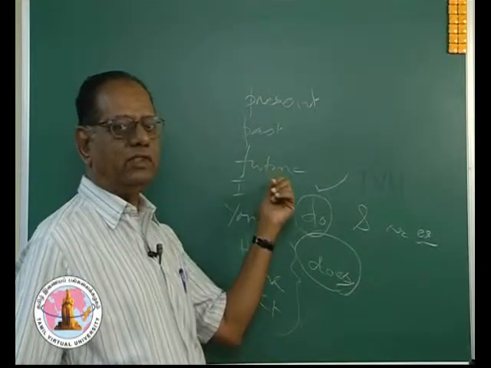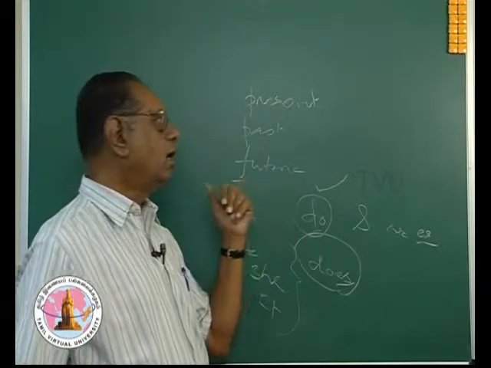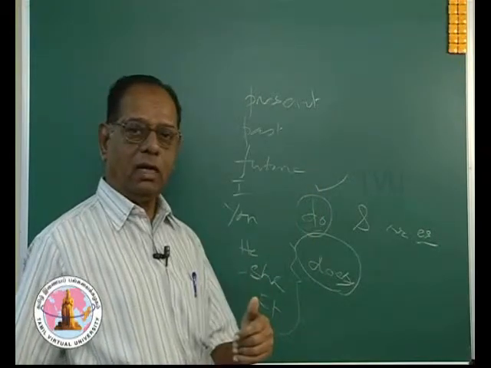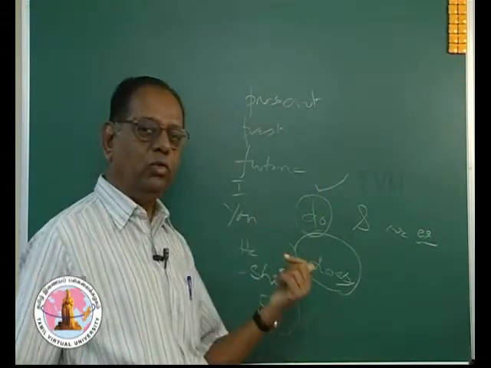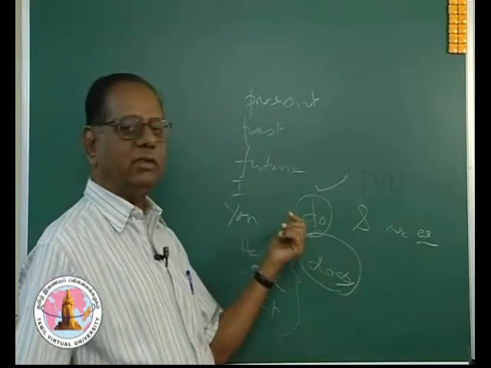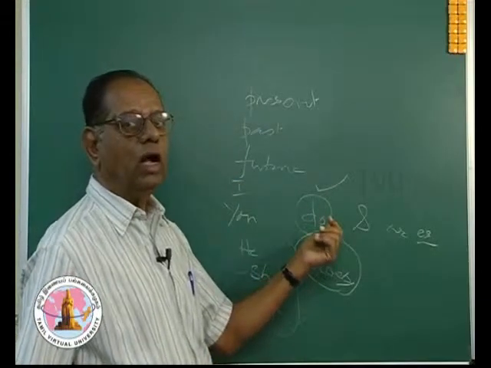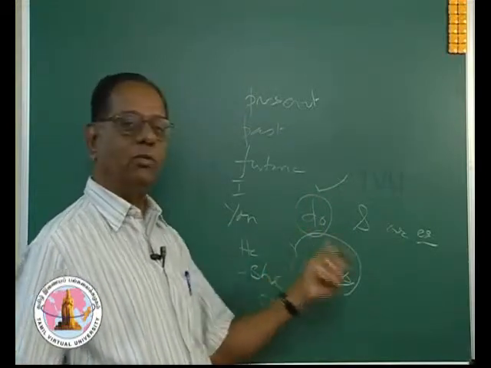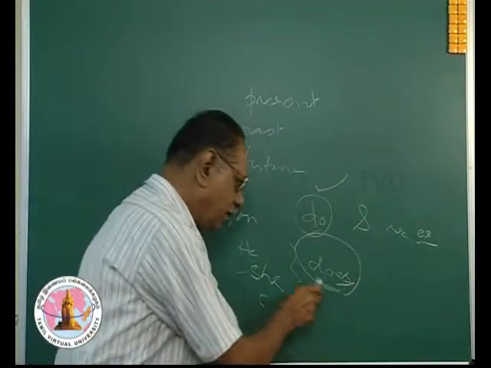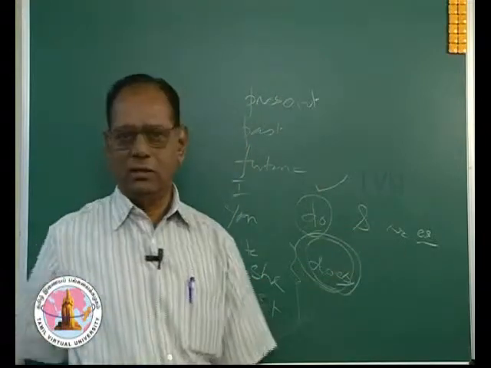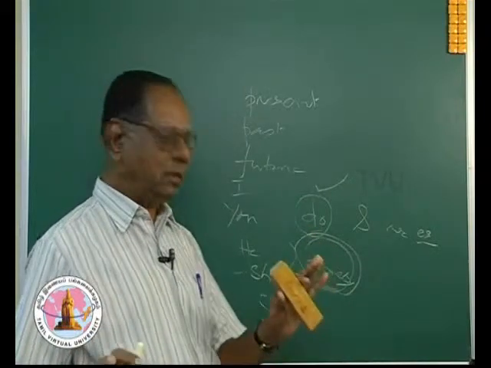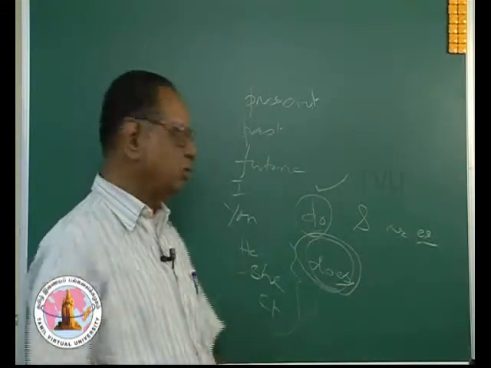It can be the first person I, or first person plural we, or the second person singular you, or second person plural you, and also third person plural they. So the verb here does not indicate or give you any information about the subject.